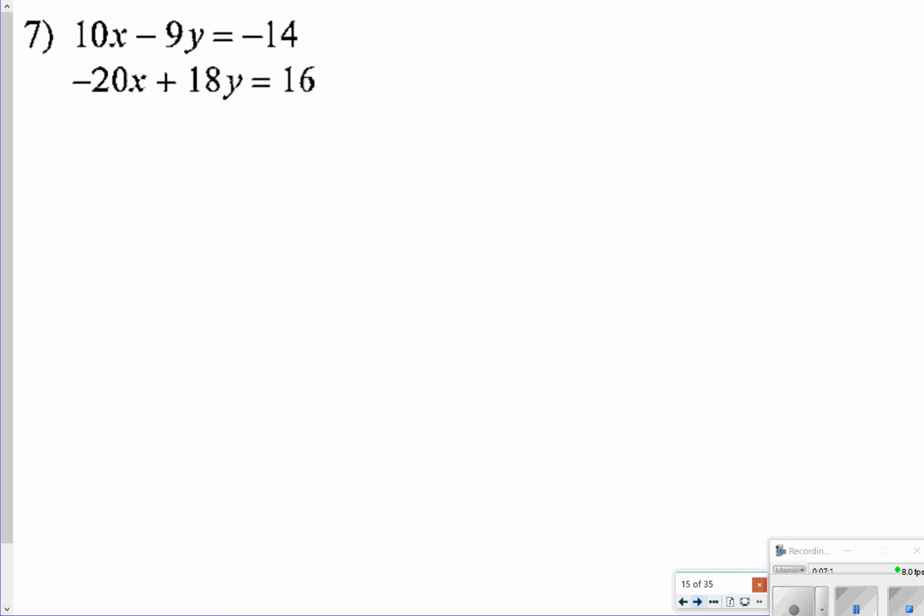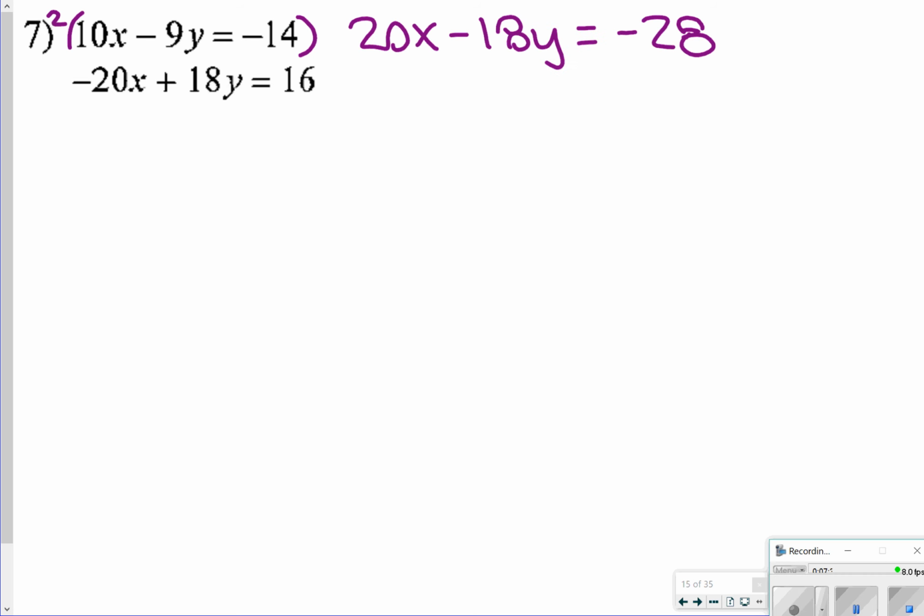The next one we have is number 10, and it looks like it'd be easy to multiply either one by 2. I'd probably end up multiplying the first one by 2 just because we're dealing with the smaller numbers, and this is what I get. And then I can also bring down my other one, my original negative 20x plus 18y is equal to 16.